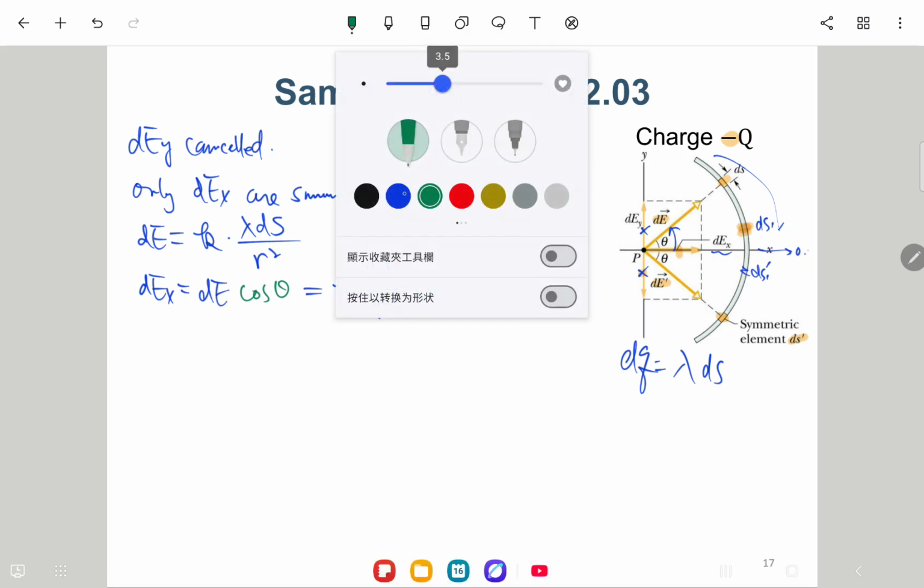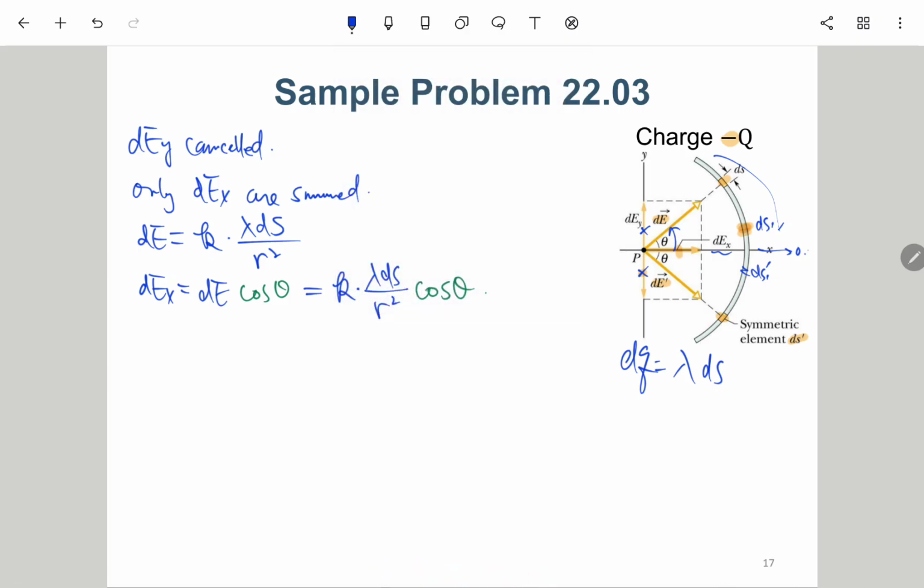And for this case, even though ds is not integratable, because we have another variable theta, we need to introduce the polar coordinate. For the polar coordinate, it will be like, suppose this is r, this is theta.